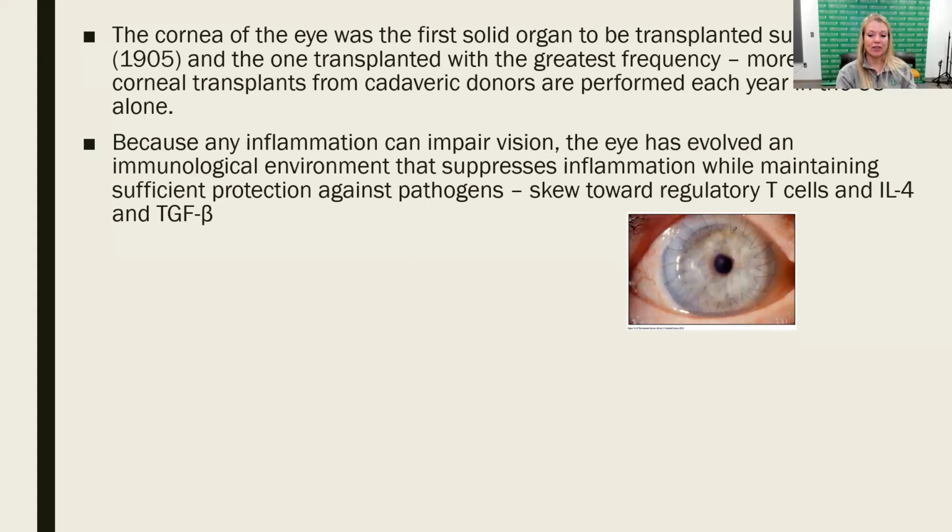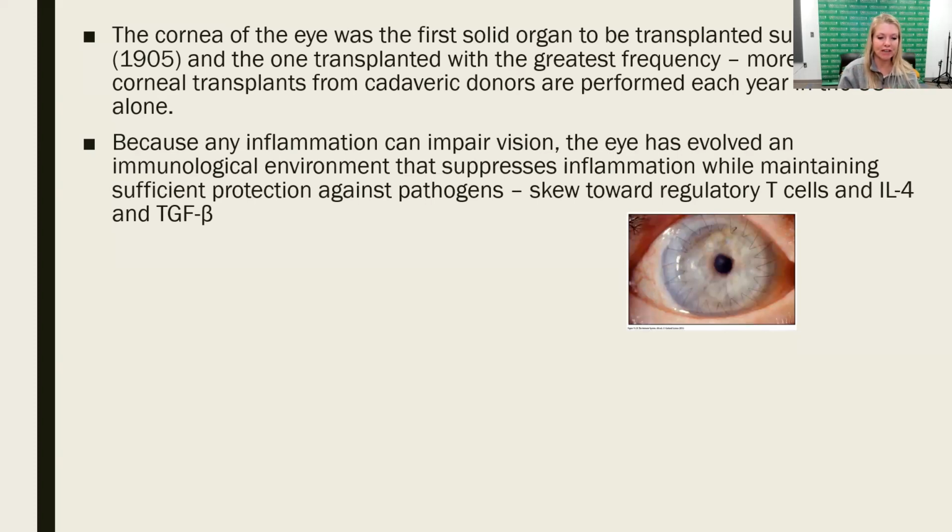But the eye is another area of the body where inflammation can be pretty harmful. Inflammation can lead to scarring of the tissue, which can then lead to blindness, right? Because the inflammatory environment can cause so much damage, the eye environment is by nature a non-inflammatory environment.